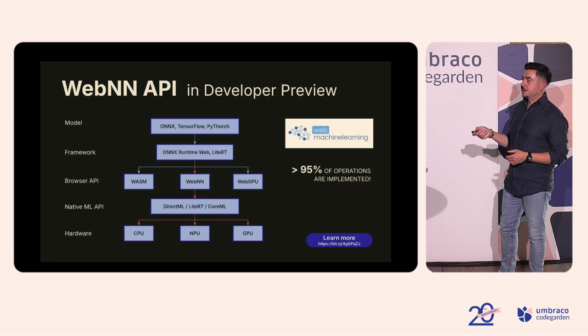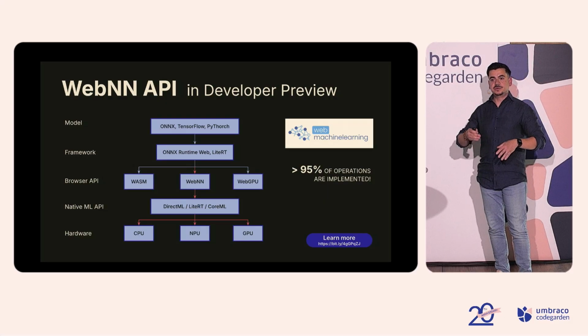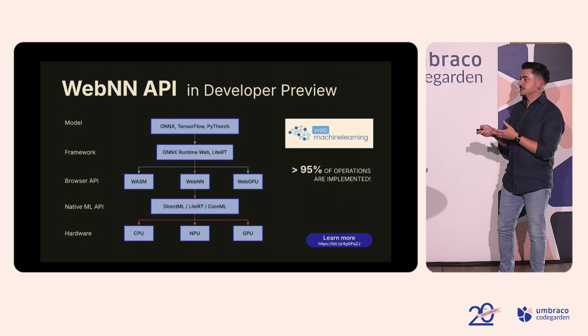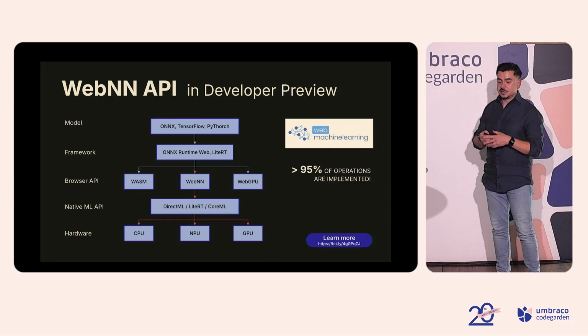And the WebNN API is actually directly using this, so it gives you access to near native performance, using the improved AI processing power. NPU, as we talked about, is the neural processing unit, and by using WebNN, you interact with these core machine learning APIs and the NPU without even knowing it.